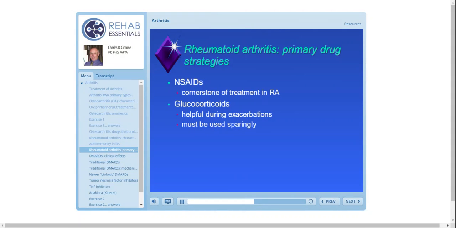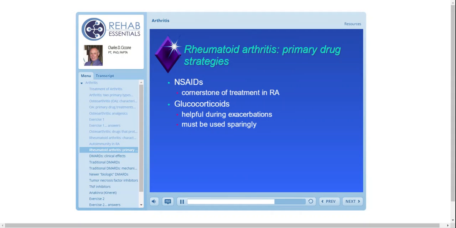So here we've got an intervention that's trying to control the inflammation at the joint, but can also lead to some breakdown of the joint tissues: the bone, cartilage, ligaments, and periarticular tissues, including muscle and tendon. So obviously they must be used sparingly. But in an acute exacerbation of rheumatoid arthritis, these drugs can be extremely helpful.